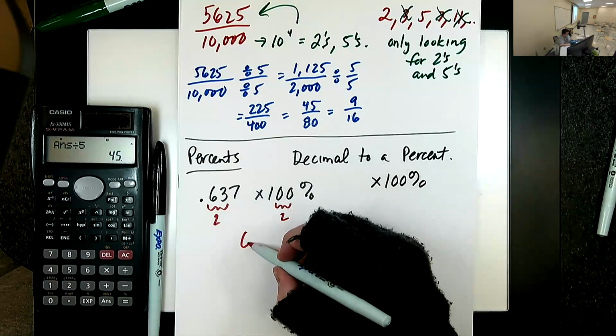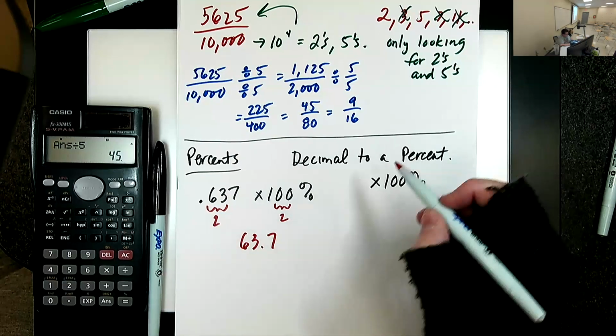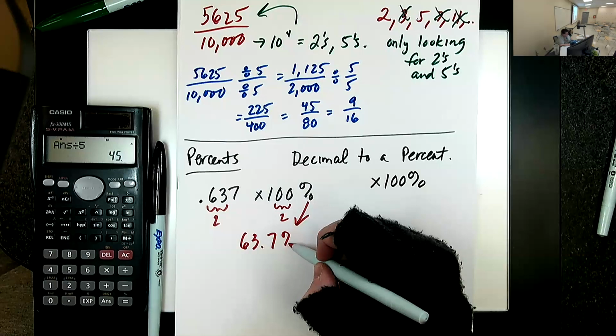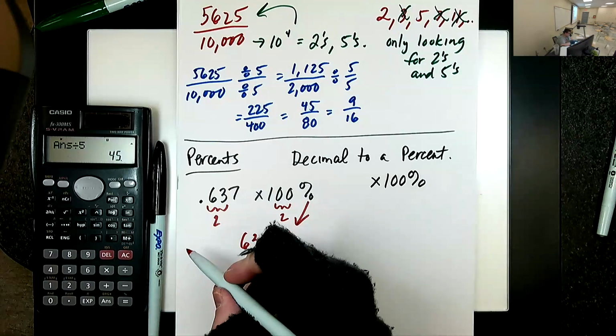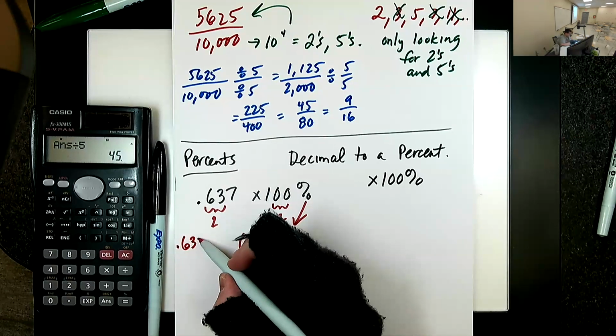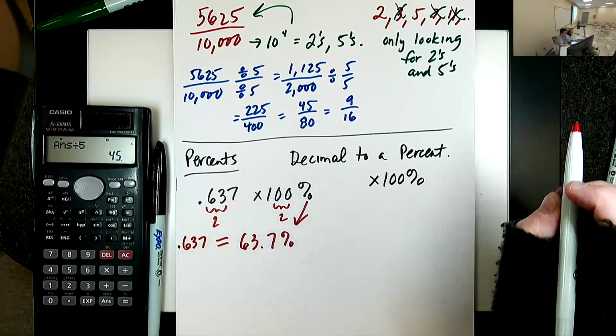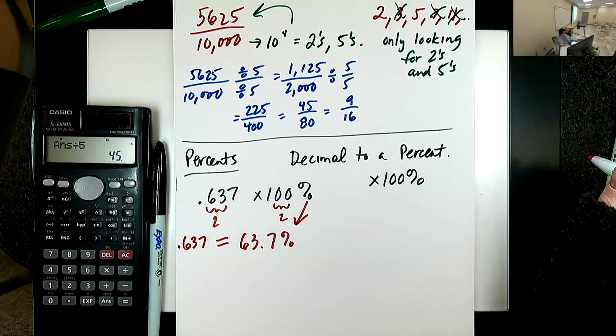And I get 63.7. Then I just have to make sure I put the percent down. So 0.637 is the same thing as 63.7%.